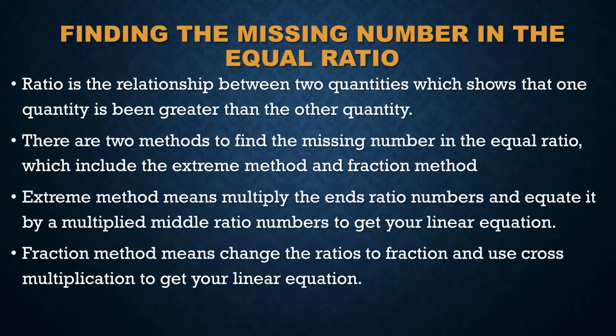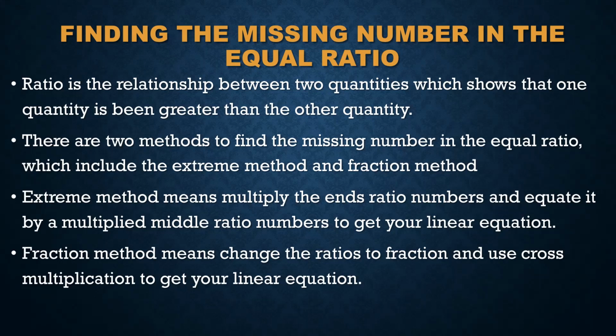Ratio can also be used to compare two things of the same kind. Ratio can also be written in a fraction form, and it can be broken down into its simplest form.